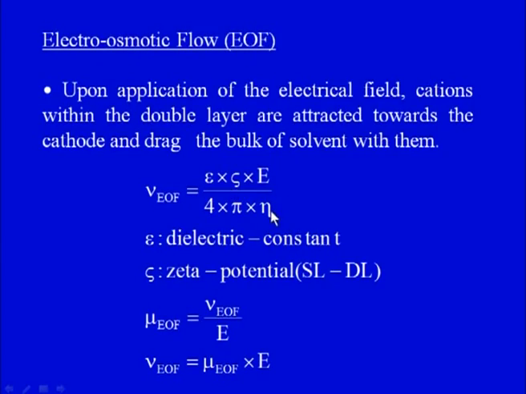So, what is happening is the bulk of the solvent is being dragged towards the cathode, and these are the equations for electroosmotic flow, involving the dielectric constant, the zeta potential, the applied electric field, and the viscosity, which give you the electroosmotic mobility, that is the velocity of electroosmotic flow divided by E, the applied electric field.